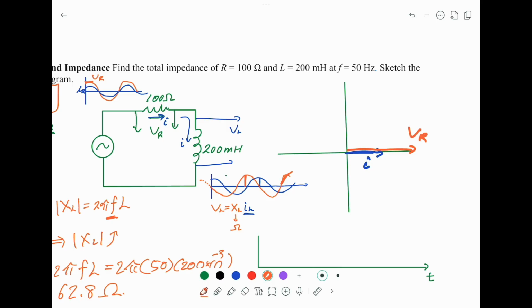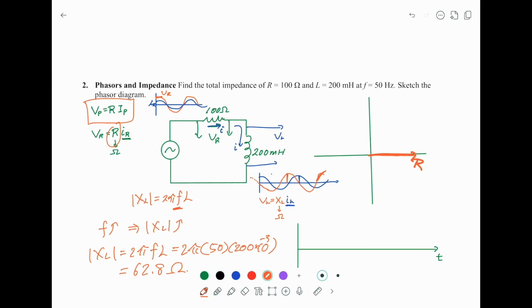In this case, it's even better to just plot the R, because R is along the V and the I. So instead, we plot the R along the x-axis. That is what I will do. This is the R here.